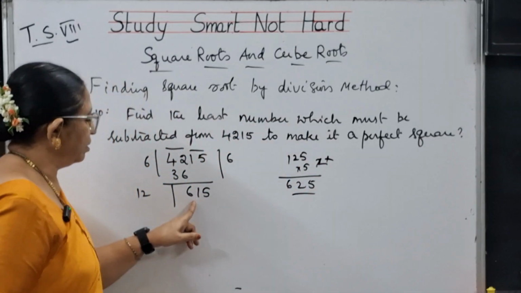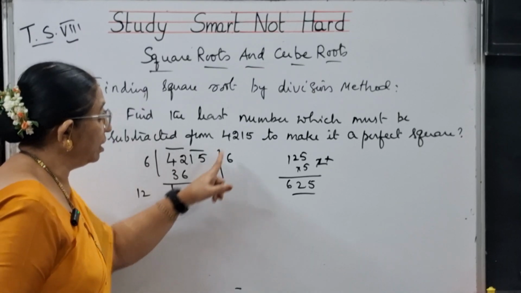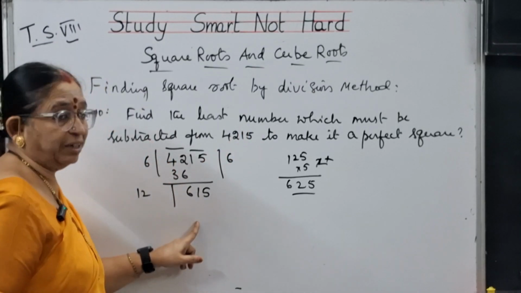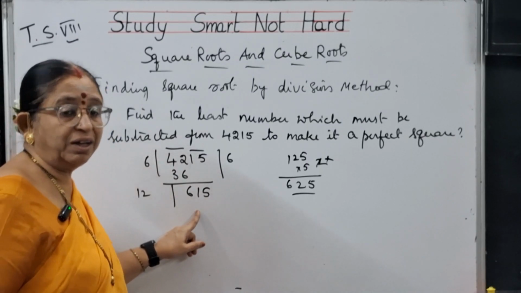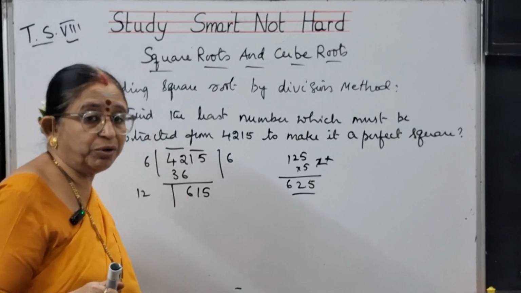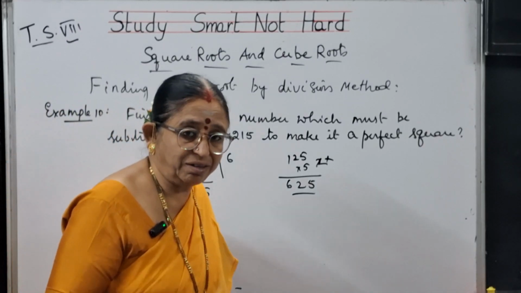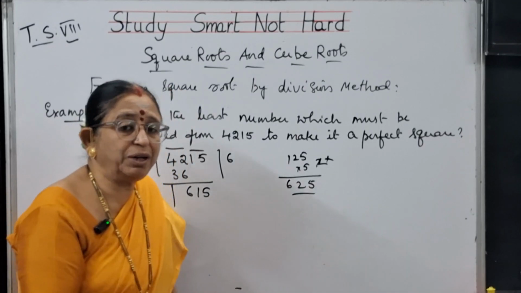625. But 625 is more than this number. They are asking which should be subtracted. From this number, some number should be subtracted, they are asking. That means definitely the next number should be a lesser number. Please understand that, children. Which number should be subtracted from the given number?